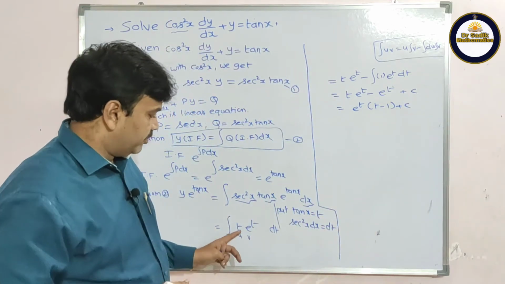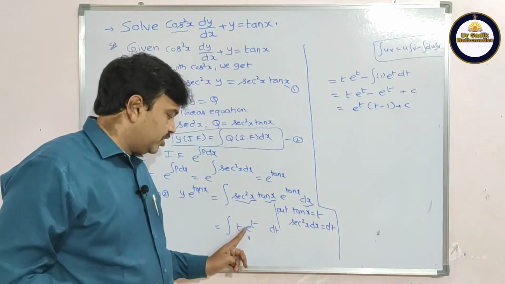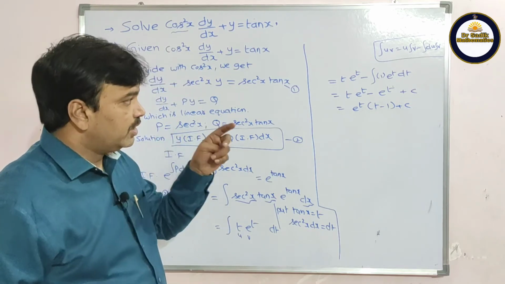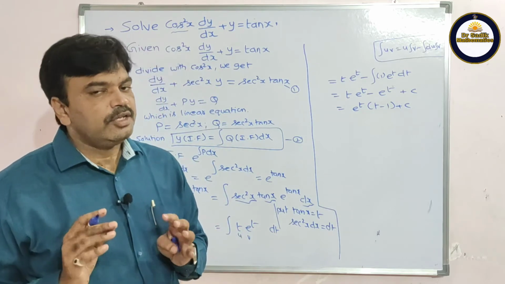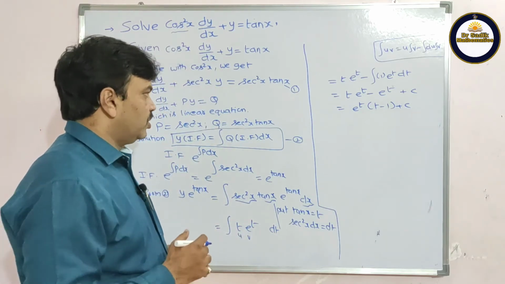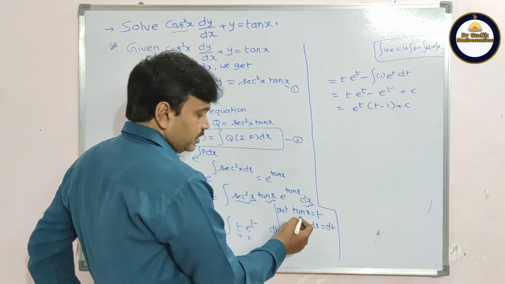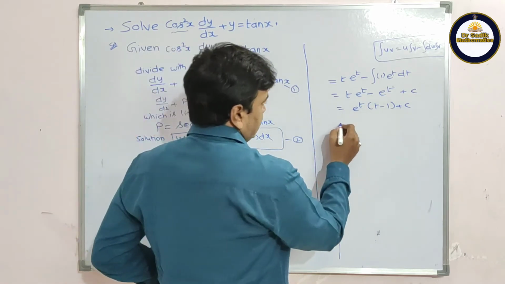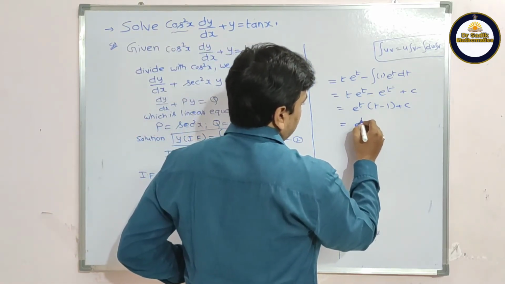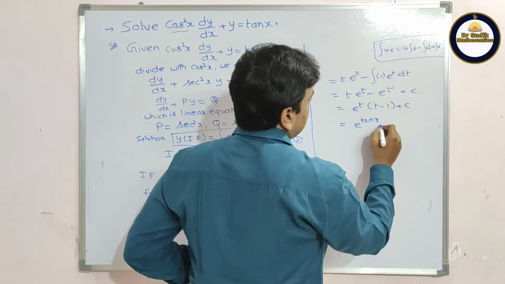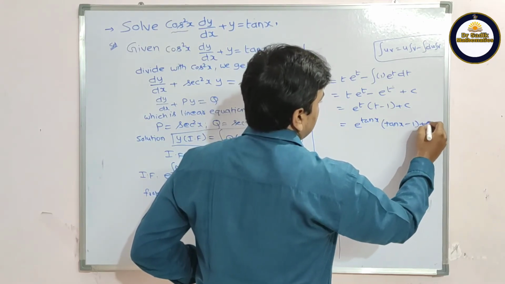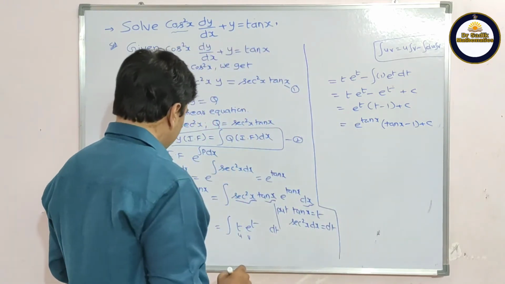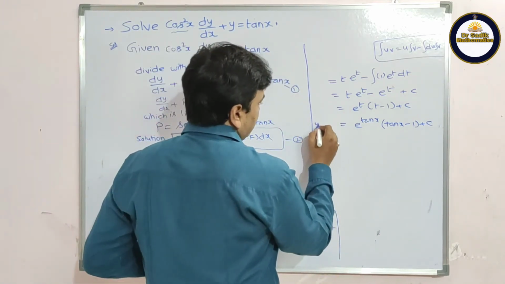That means whenever you observe an integral like t e power t dt, we can write e power t into t minus 1, friends. Right. What about t, friends? t is tan x. Substitute: e power tan x into tan x minus 1 plus c. What is the left hand side value, friends? y e power tan x.